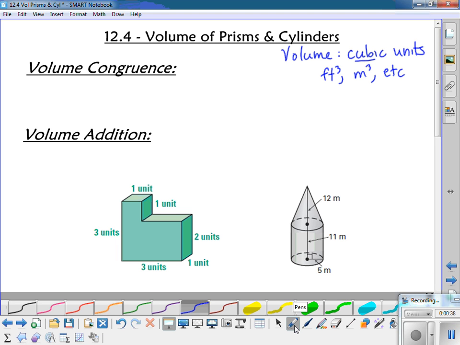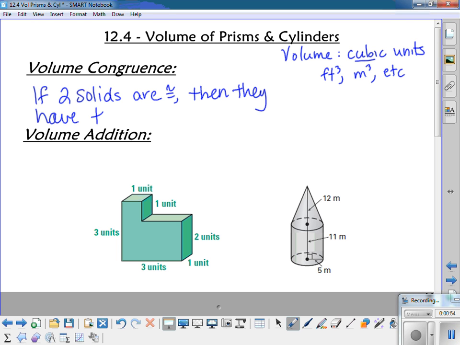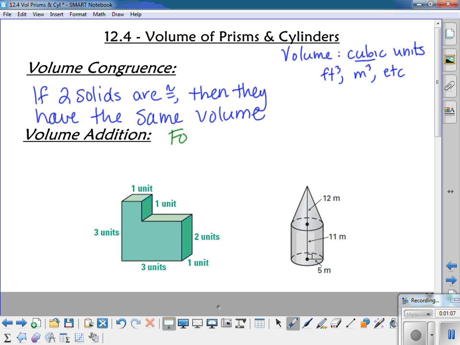Alright, so volume congruence. If two solids are congruent, then they have the same volume. Which makes sense. If they have the same dimensions, they're going to have the same volume. And volume addition is when we're dealing with composite solids.